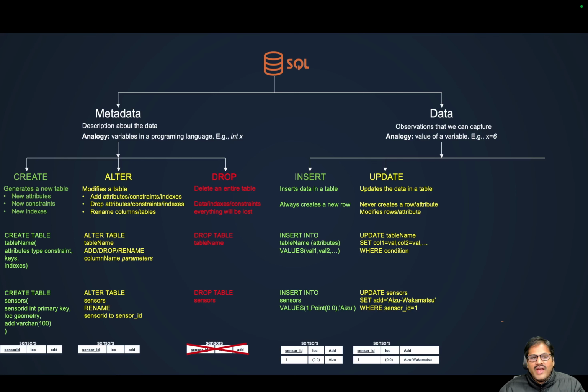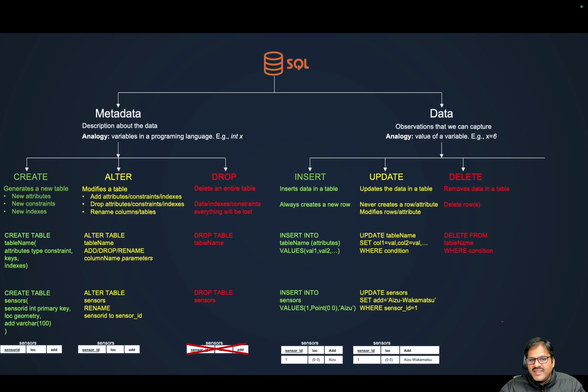Now, sometimes we may need to delete the data in the table. To do this, we have the delete command, which deletes the rows in a table. Delete will not remove columns, it only removes rows.